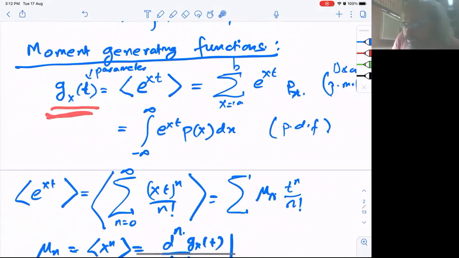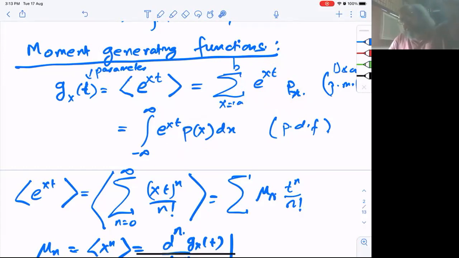It's a function of a parameter t. t is not necessarily time; it's the usual mathematical trick where you stick in a parameter, calculate everything, and put the parameter to 0. It's basically the expectation value of the exponential of x, your random variable, times this parameter: e^{tx}. For discrete variables you have the sum of p(x) times e^{tx}. For continuous variables, PDFs, you have the integral of p(x) dx times e^{tx}.